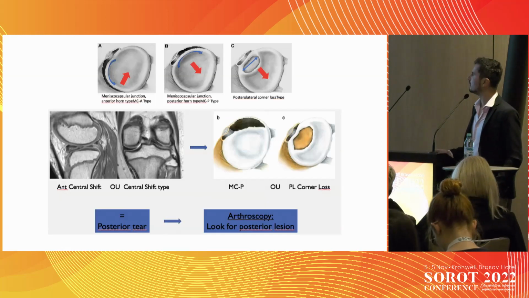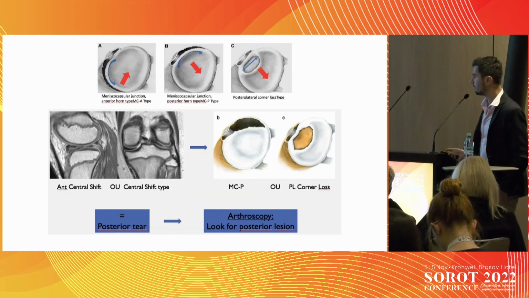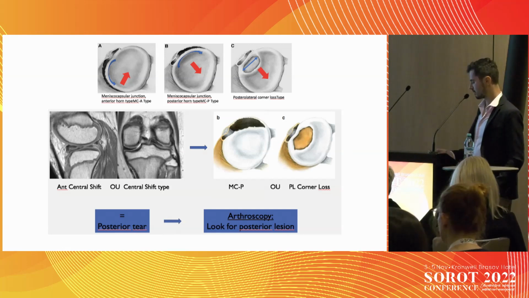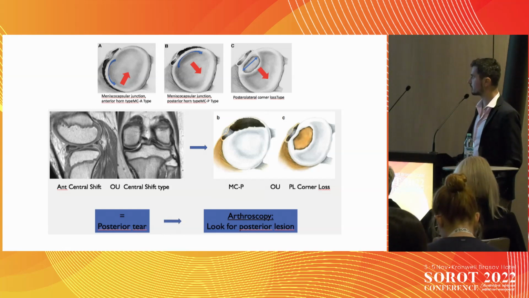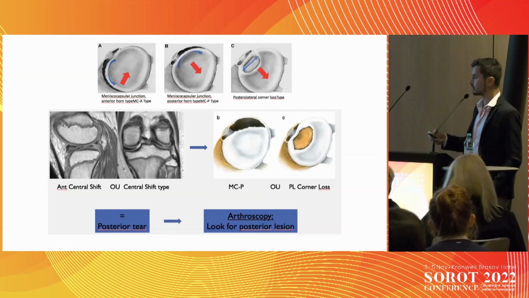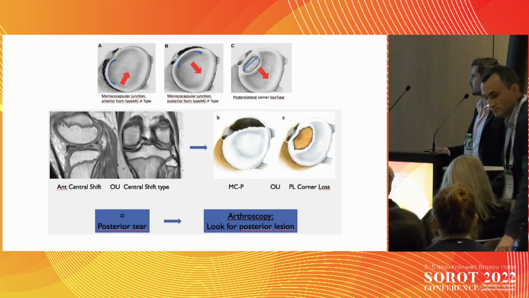Okay. For the B and C, it's a posterior instability, so you have to make a suture in posterior, and the displacement is anterior in extension, like this.